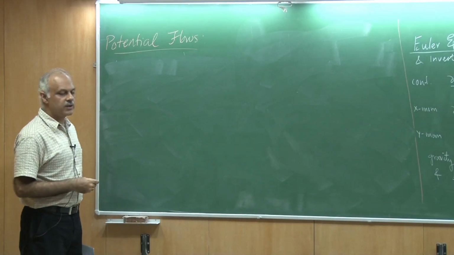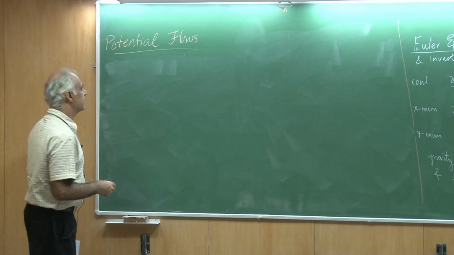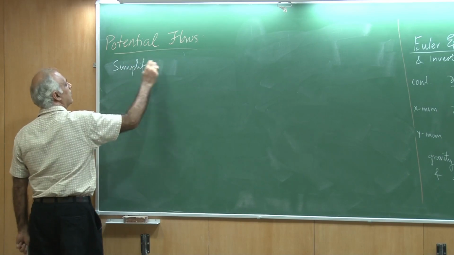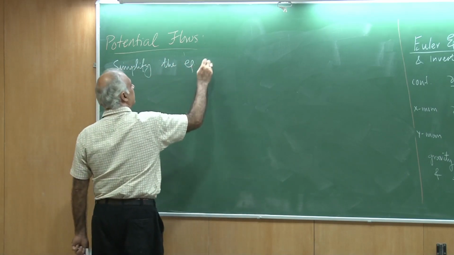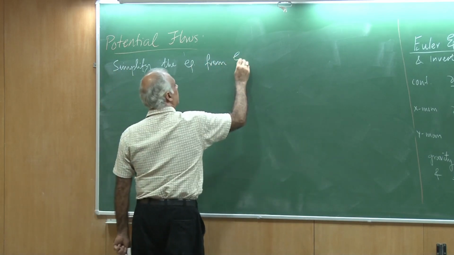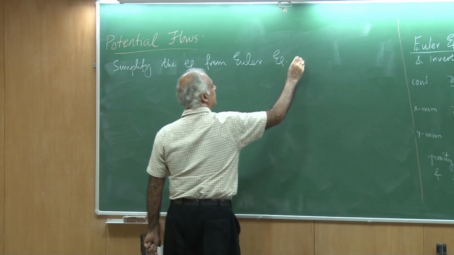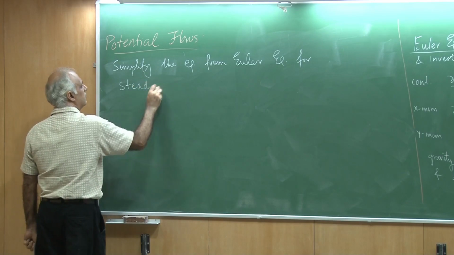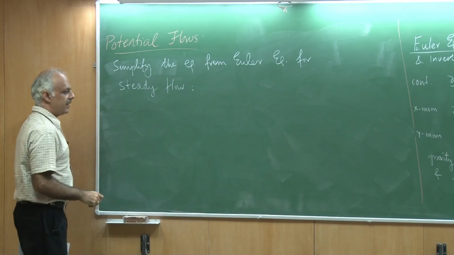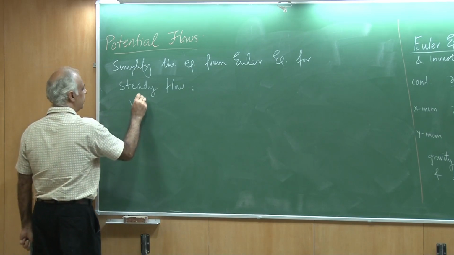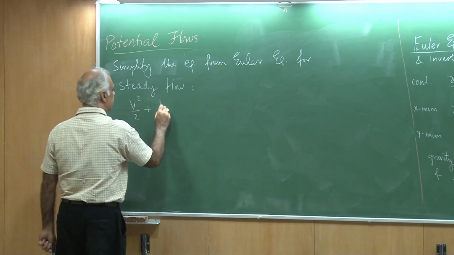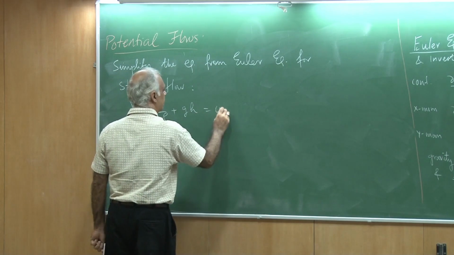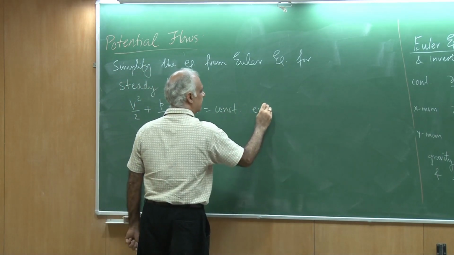So, we will simplify this equation that we have derived from the Euler equation for steady flow. And then we are able to say that V square by 2 plus P by rho plus G H is constant everywhere.